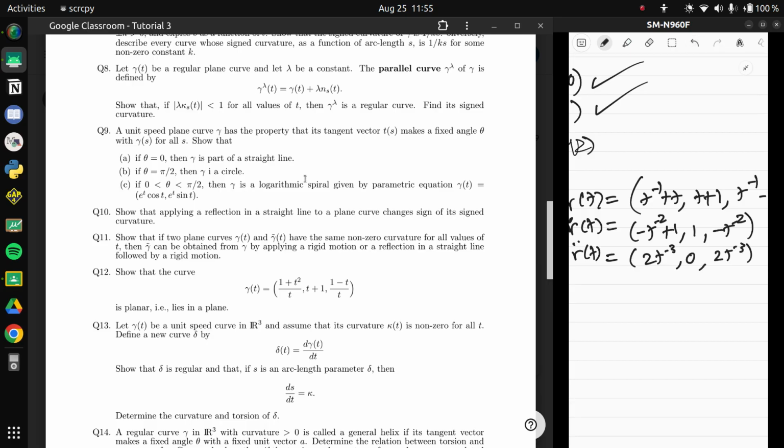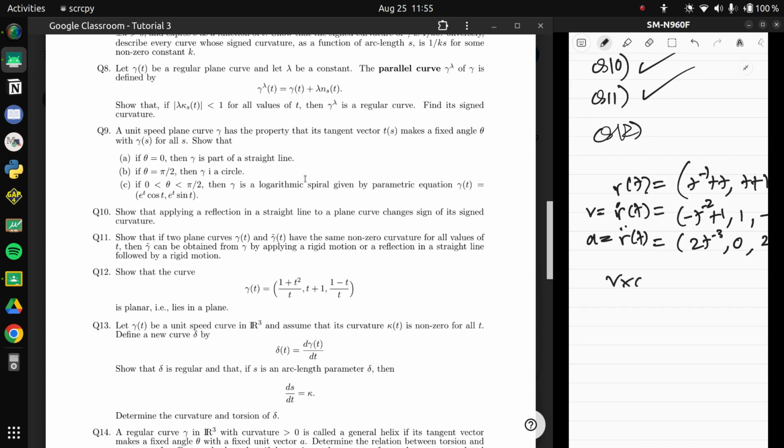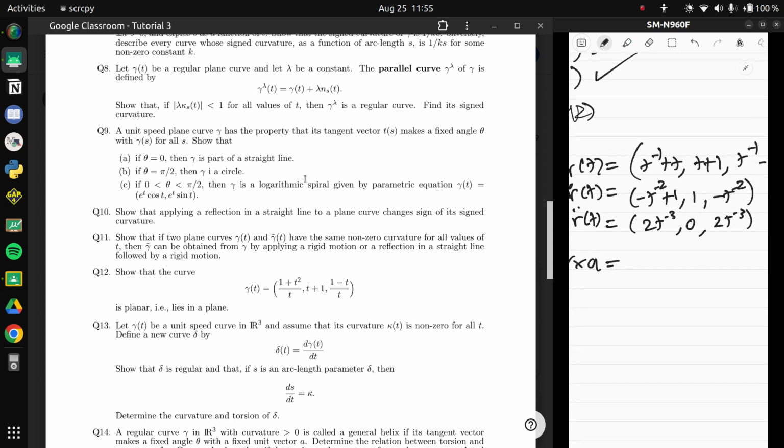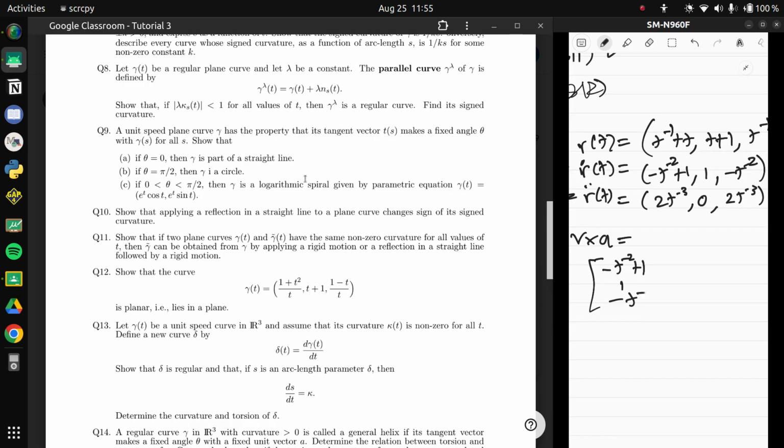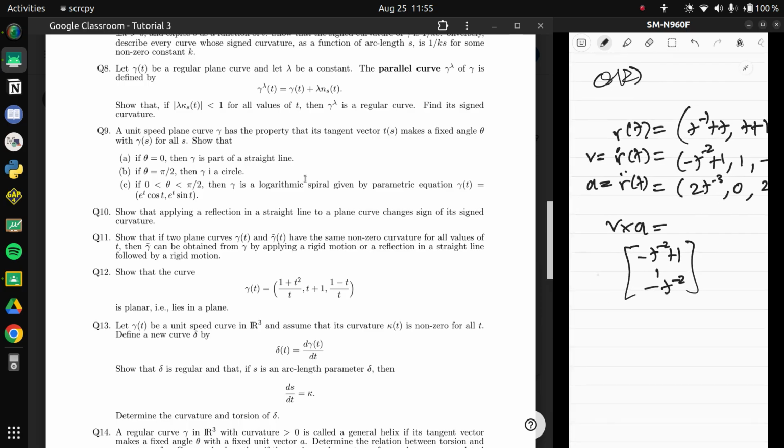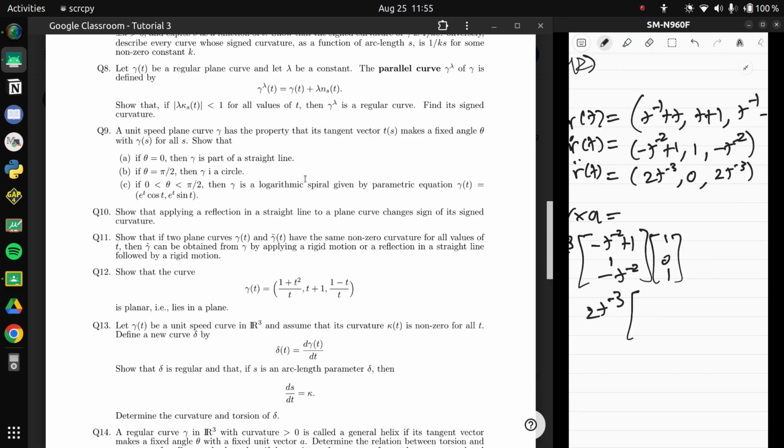Firstly, what's v cross a? That's something we have to be sure of. So taking this stuff outside, 2t to the power negative 3, and then you have 1, 0, 1, and this is just 1 plus t to the power negative 2.